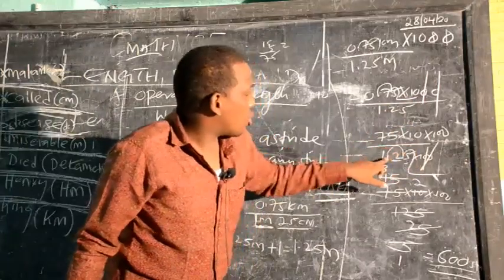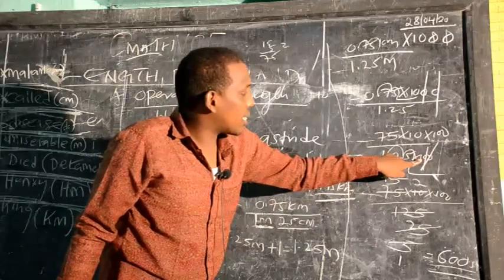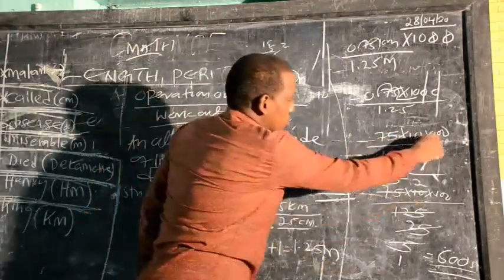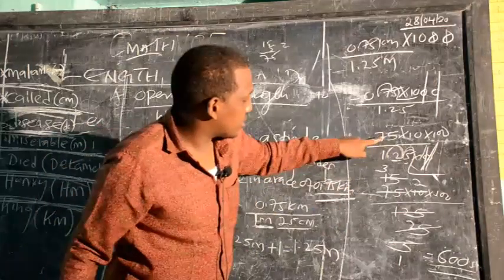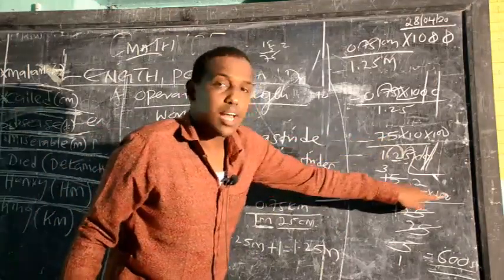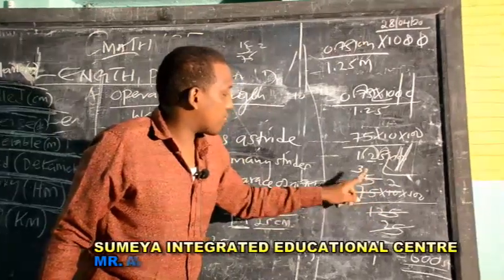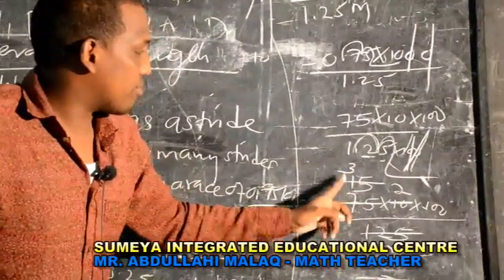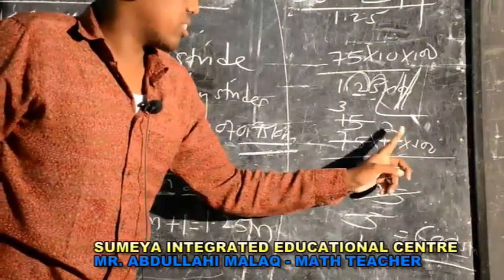So it's here, over 1.25. This one has 2 decimals. We remove the decimals, times 100 both sides. Cancel, cancel. We move the points out. So what's remaining now? 75 times 10 times 100. Now you divide: by 5, by 5, by 5, by 5, by 5. 3 times 2, it's 600.